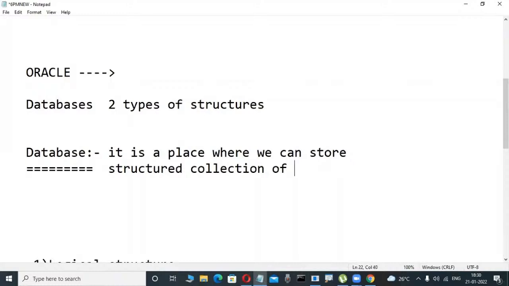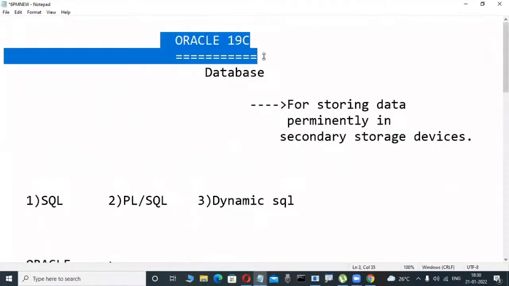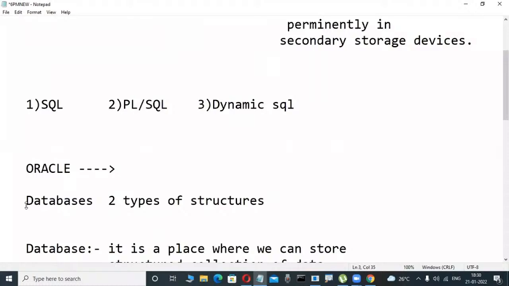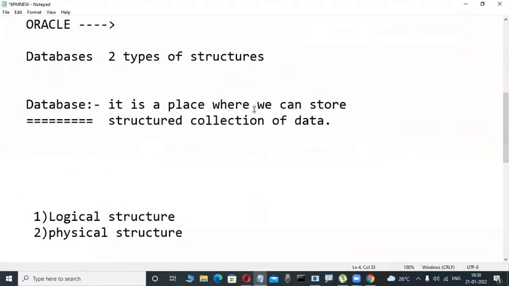What is information? What is DBMS? That is later. Whenever we install Oracle or any relational database software, automatically some place is reserved in the hard disk only. In that place we can store a structured collection of data.